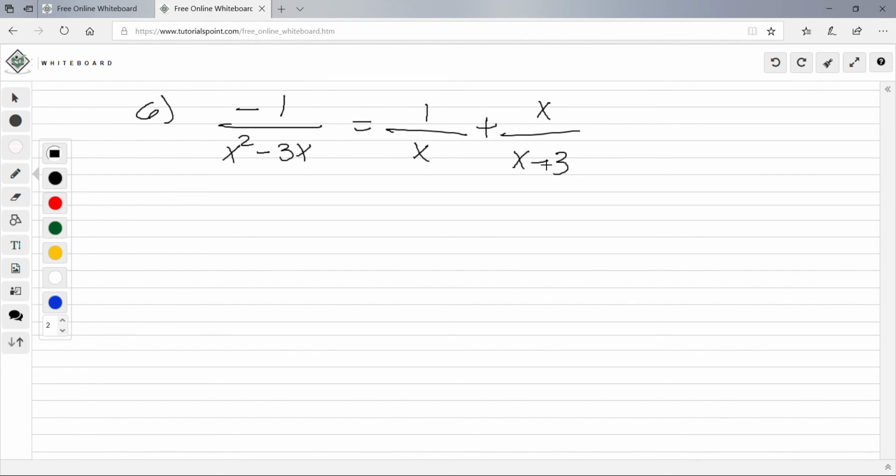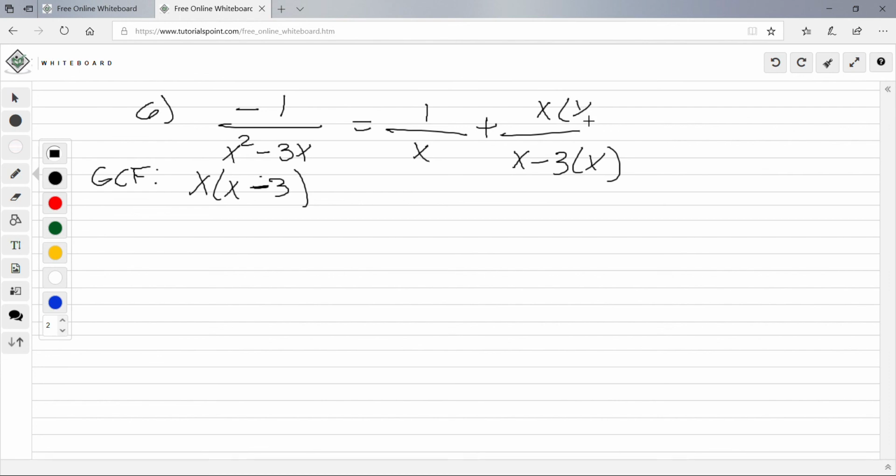First, we got to find the common GCF. So our common GCF. Let's factor this part because this looks very factorable. Okay, so this is our GCF, or common denominator. So what are we missing here? We are missing an x.